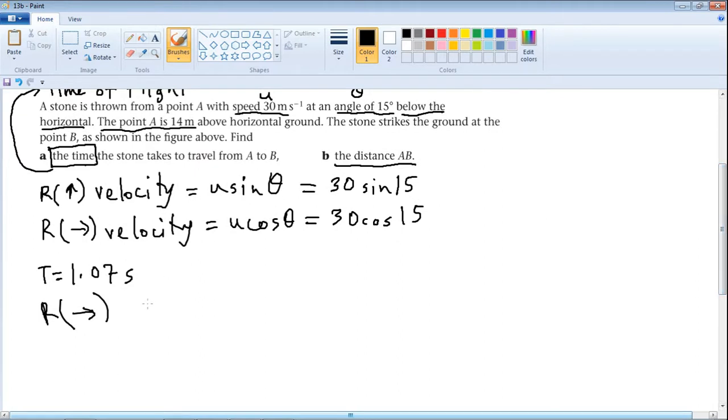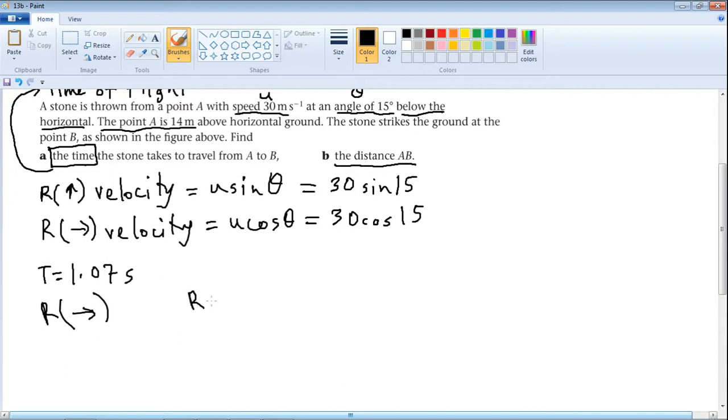So resolving horizontally, OB, which is in other words called range, is equal to, well, let me first write the formula, then we will substitute.